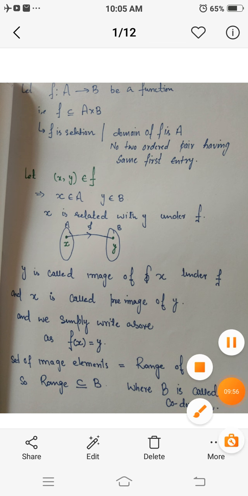So if we have a function f from A to B, then clearly f is a subset of A cross B, because every function is firstly a relation.